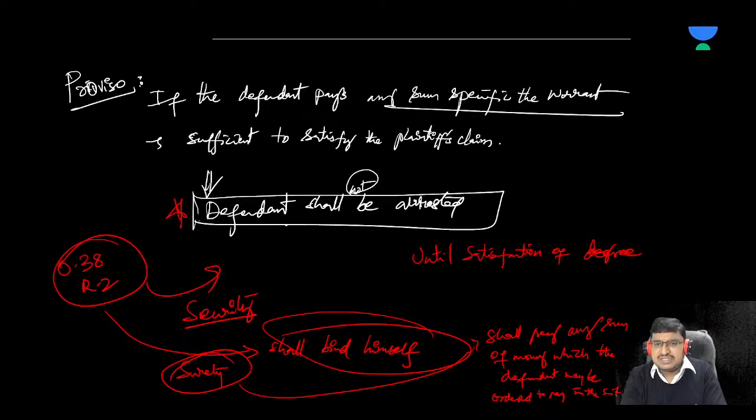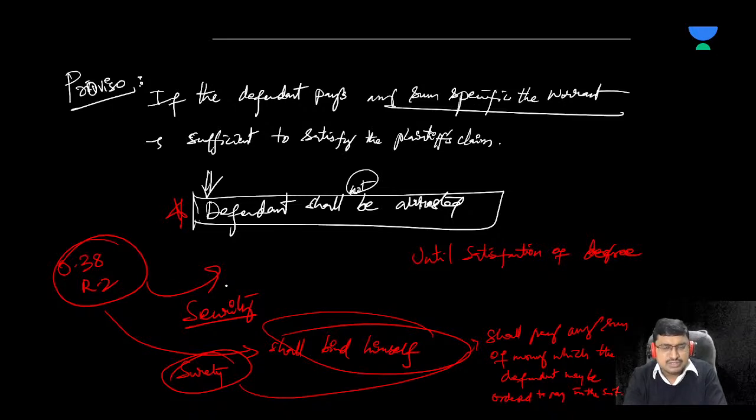If he is not able to pay the specified amount which is sufficient to satisfy the plaintiff's claim, then he has one more alternative, that is stated under Order 38 Rule 3, friends.